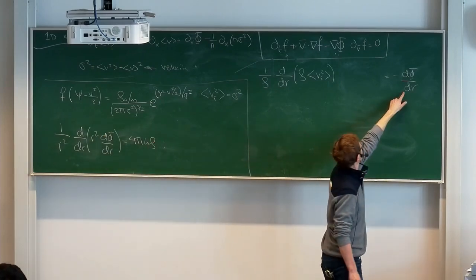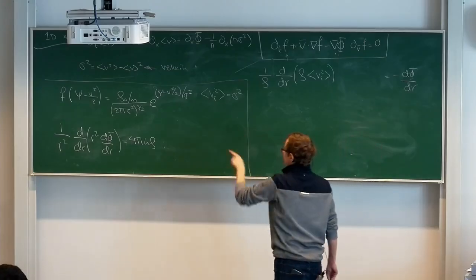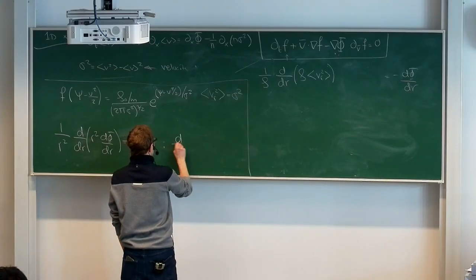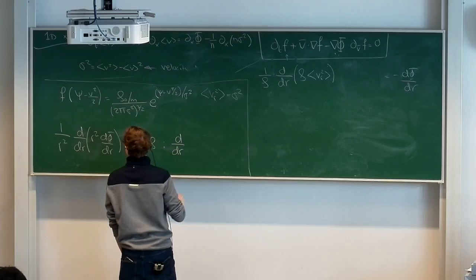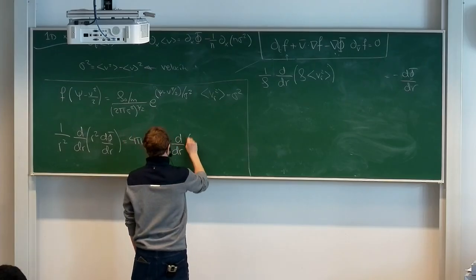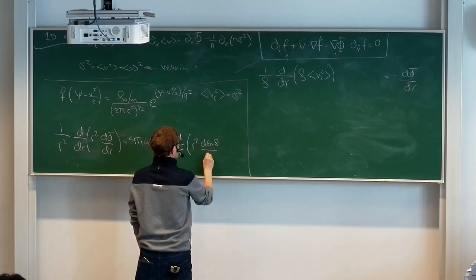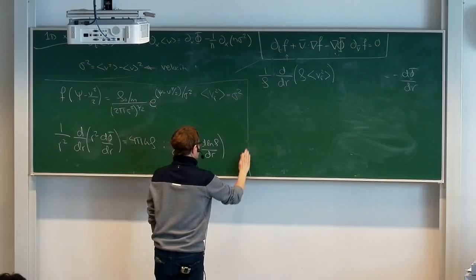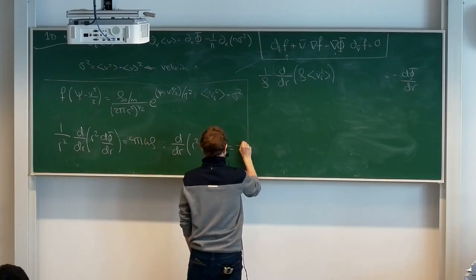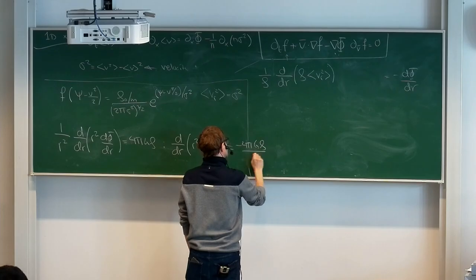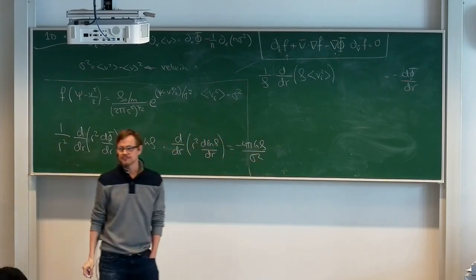With this equation there, we get out something which again has the form d dr r squared d ln rho dr equals minus 4 pi G rho divided by sigma squared.